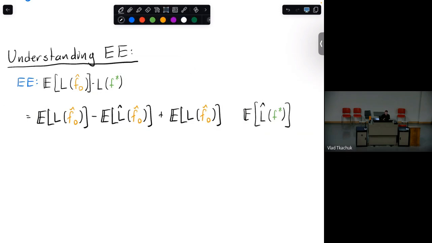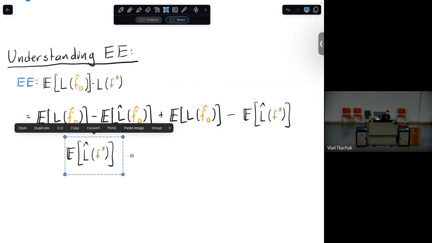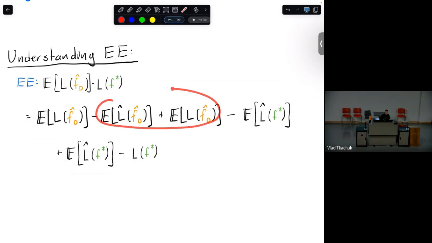There will be a reason for this in a second. I continue down here, and then we just have this term from before. All I did is add and subtract two things. They're just 0, but they allow us to talk about some new relationships between things.